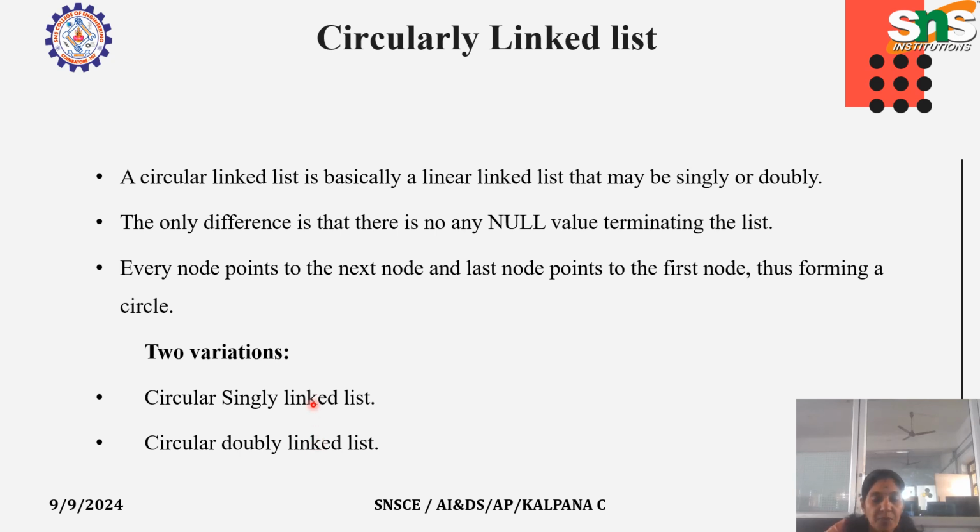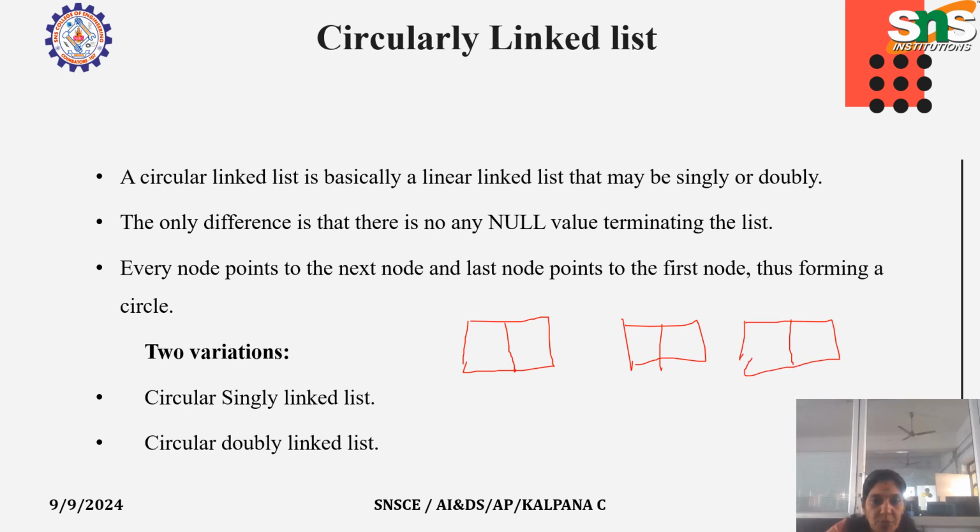So here what we are going to do is connect the first and the last node. Just consider this is the first node we have, the second node, and then the third node.